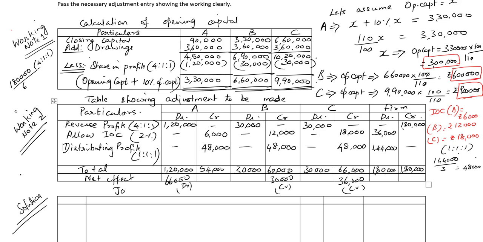So, journal: date, particulars, LF, debit rupees and credit rupees.